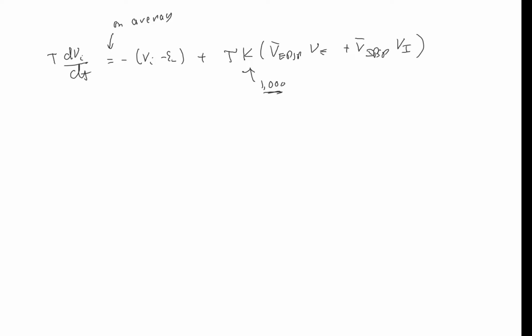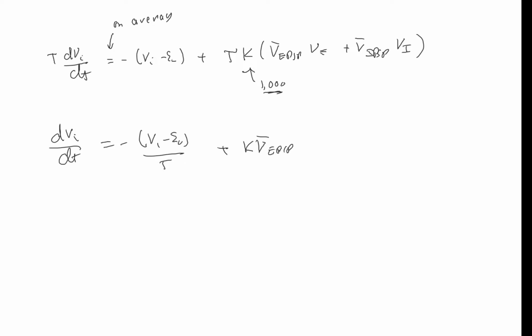So if we have tau, let's say excitatory neurons only. Remember the taus, so the taus cancel. So we have dV/dt equals minus (V_i minus E_L) over tau plus K nu bar EPSP.